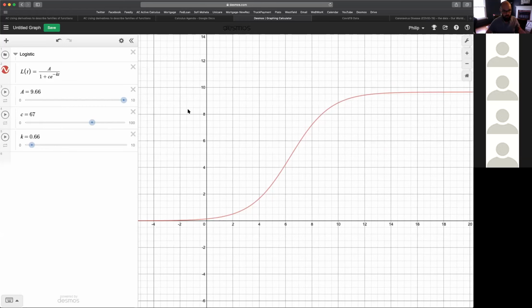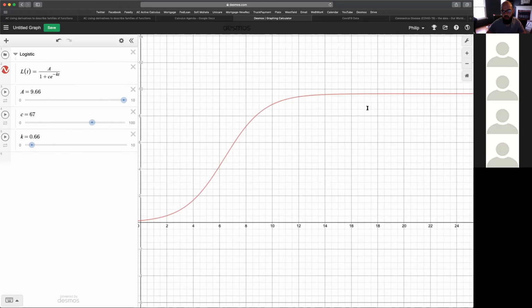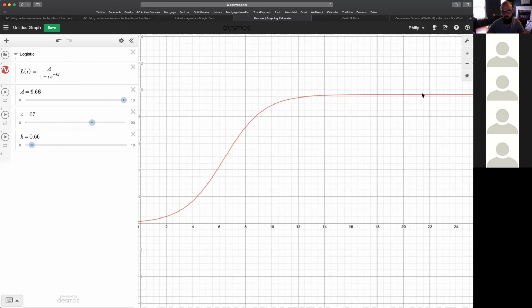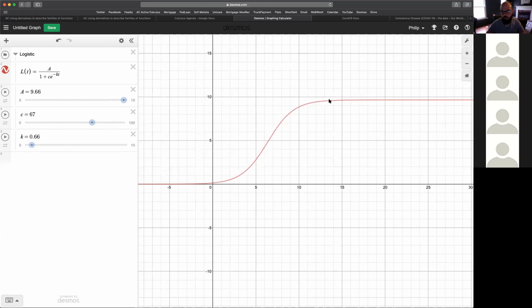A couple things that we want to notice. See how as t gets really, really big, as our inputs get really big, this graph starts to flatten. So we get this flat point over here, and the value there is y equals a.